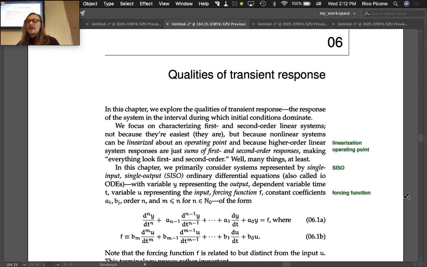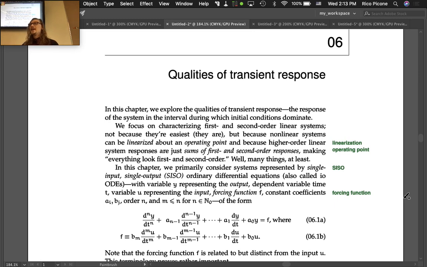However, it doesn't mean that it's unimportant to look at first and second-order systems, because fortunately, higher-order system responses can be thought of as being composed of sums of first and second order responses.